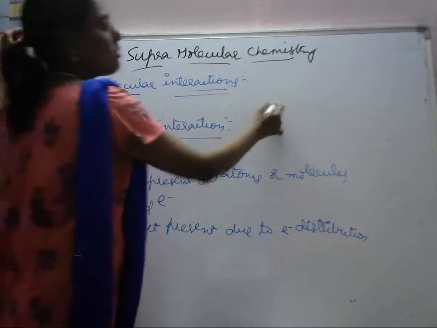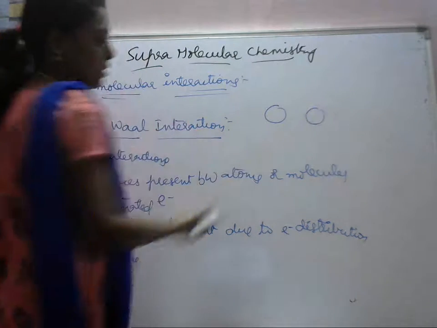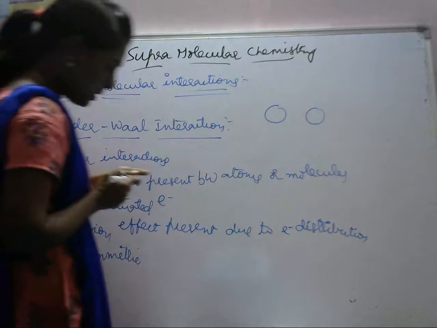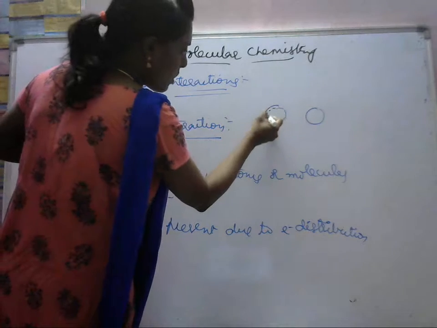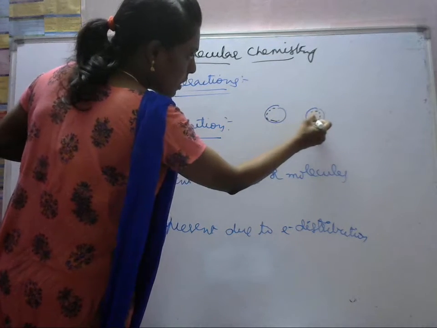Okay, if we take this as a molecule and this as a molecule, this is the electron cloud. Electron cloud will be there here, and here also there is an electron cloud.